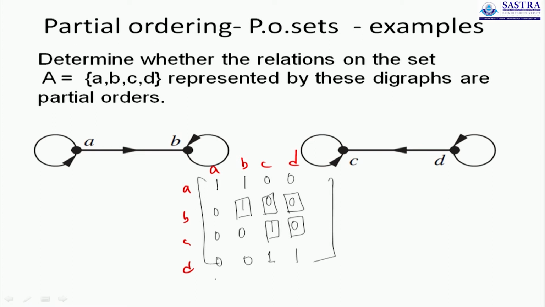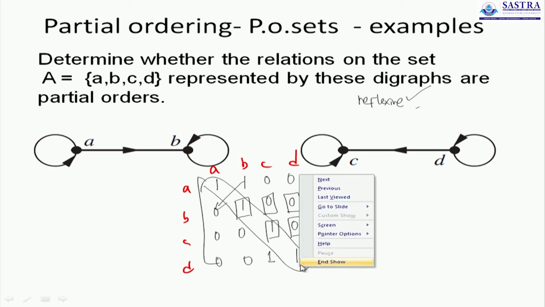Now let's classify this relation. Is this relation reflexive? It turns out to be reflexive because along the main diagonal all the entries we have are 1s. Now can we call this antisymmetric? Do we have enough evidence to call this antisymmetric? 1, 2 is present, 2, 1 is absent. Where else do we have a 1? 4, 3 is present and the opposite is absent.